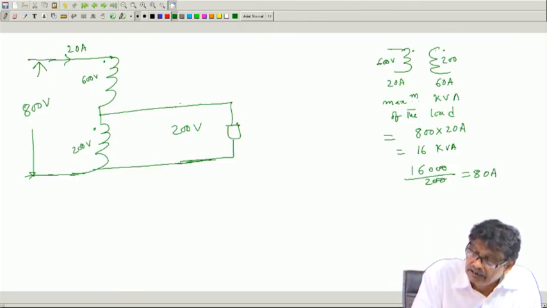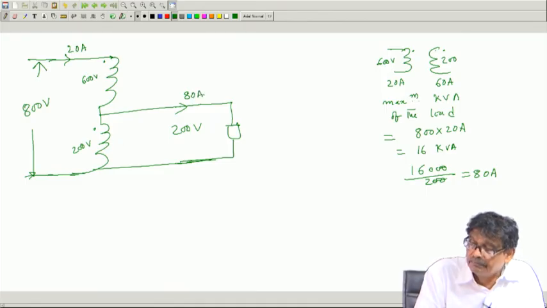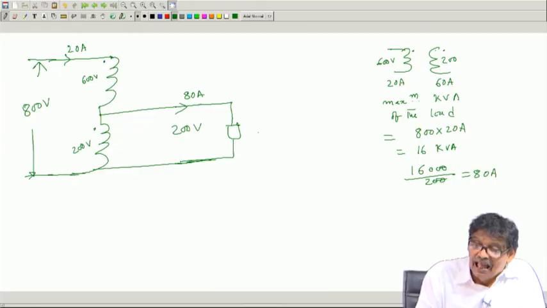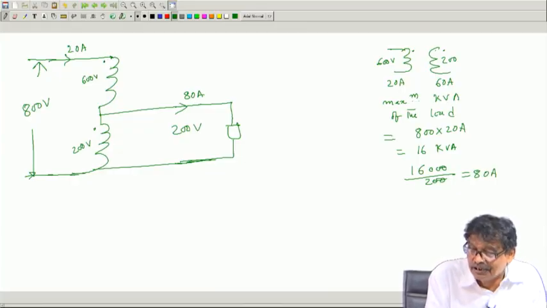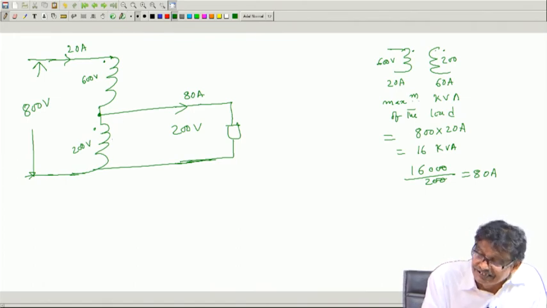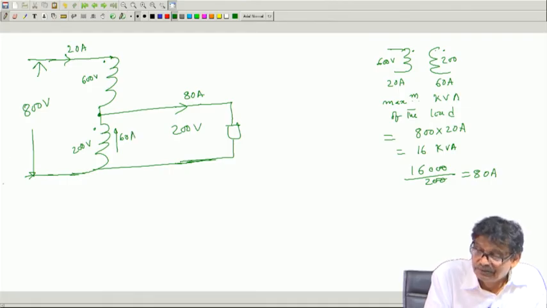So, I will draw 80 ampere, because this is not the winding current, and you see yourself, this is 20 ampere, this is 80 ampere, apply KCL here, is not? What will be this current? 60 ampere, then only this will be 20, 60, 80.